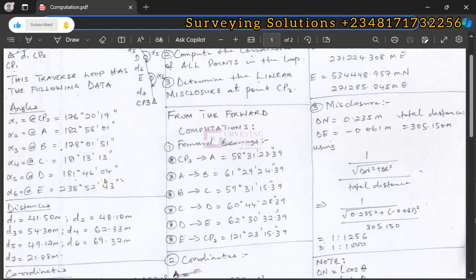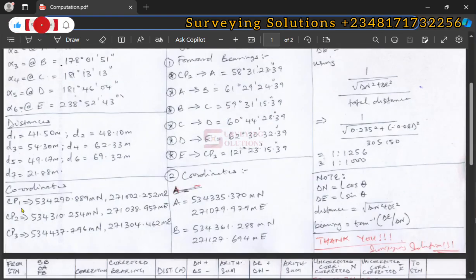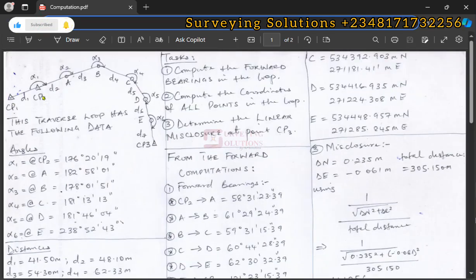Now, the question is that the coordinates of the three controls we are given, right? Good. Of the two starting controls and then the one ending control. So the question is for us to compute the forward bearings in the loop.